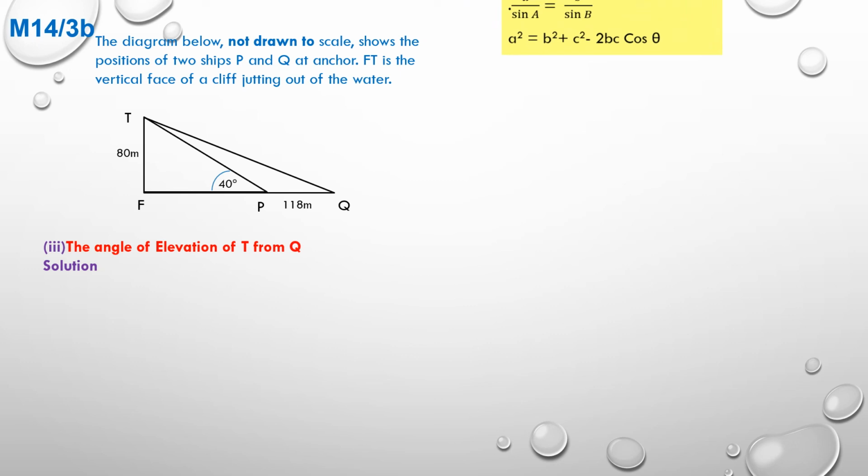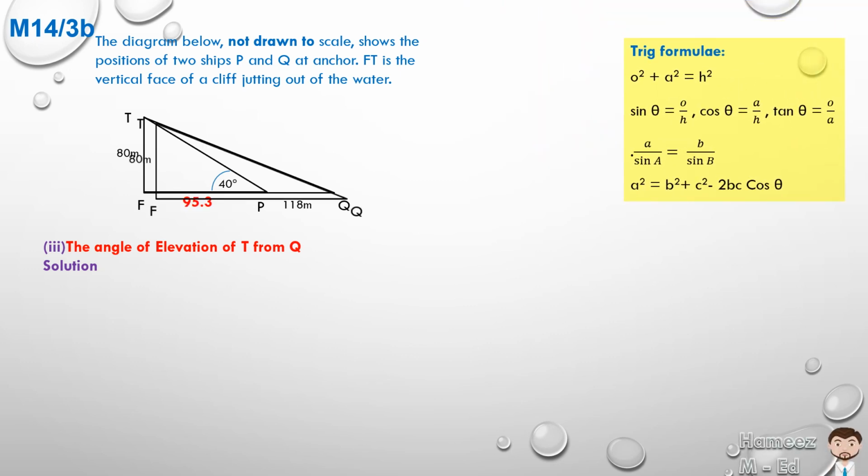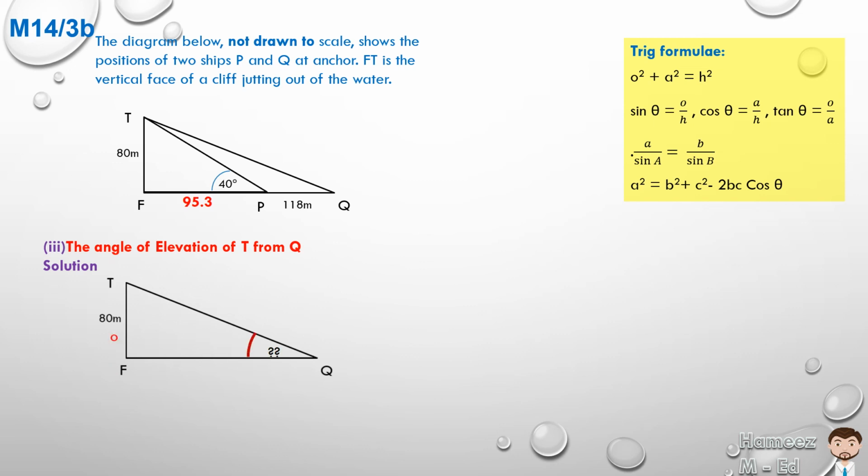In part 3 of the question, they're asking us to find the angle of elevation of T from Q. Now let's extract it and look at the information that's required. As we redraw the triangle, we can see that we know the opposite, which is TF, that is 80 meters. However, we are unaware of the adjacent, which is the full length FQ.